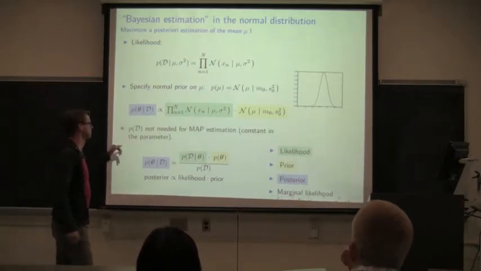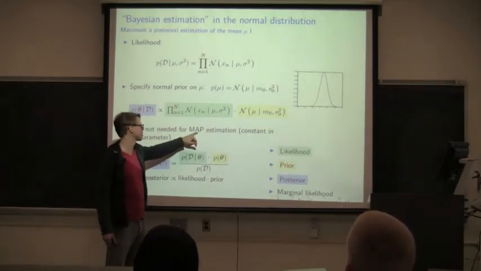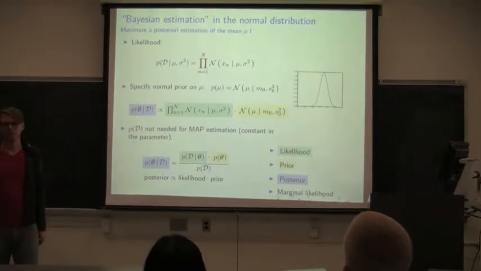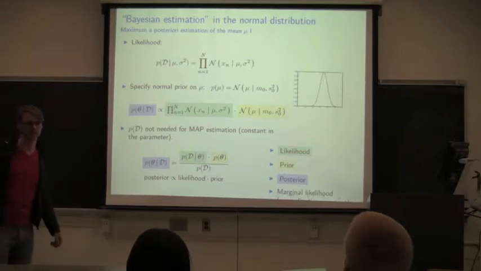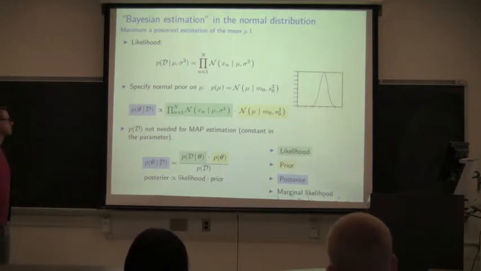So what I just described is maximum a posteriori estimation. It's kind of a mishmash between the frequentist approach of maximum likelihood and the Bayesian approach, where you specify a prior, but then you just get a single estimate.